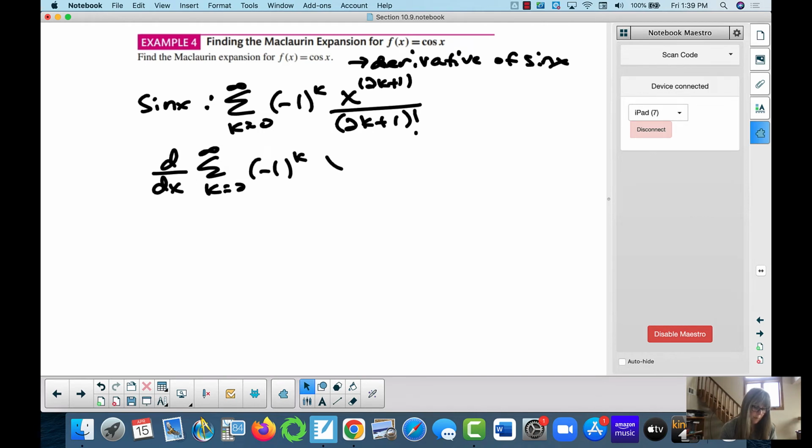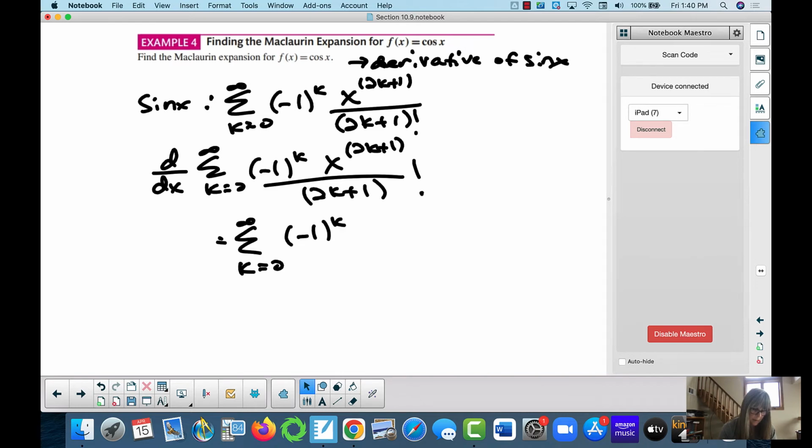So we're going to use the power rule. Well, the nice thing is it doesn't matter what power we're taking this one to. That one's going to stay the same thing. It's going to be alternating. So we're just looking at this part. This is already to the plus 1s. And so we just take away those plus 1s. And so we get for cosine, using the power rule, keep this.